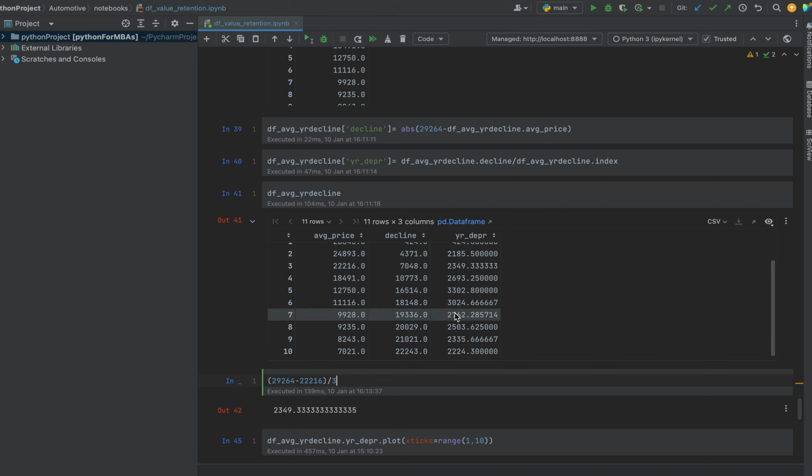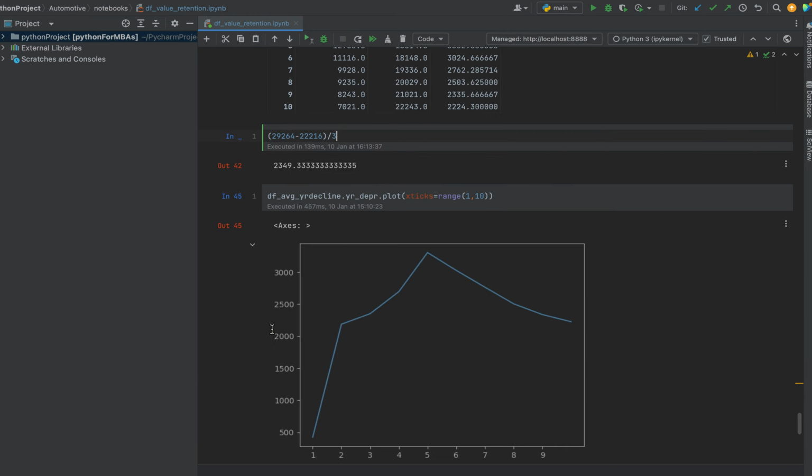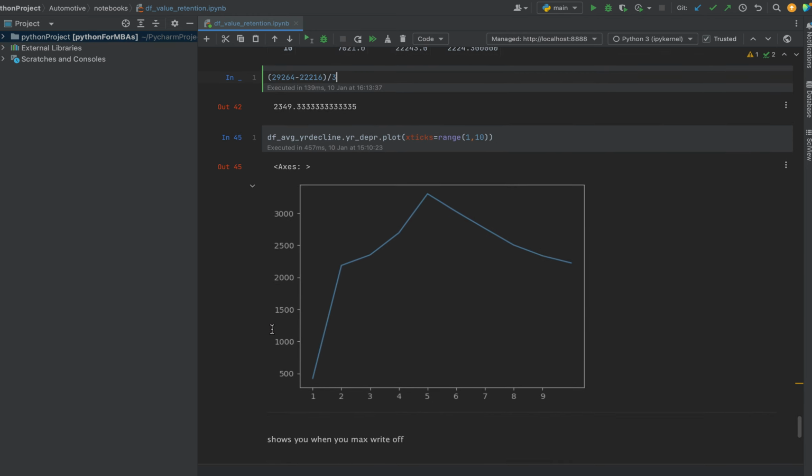So basically, with this column, I'm looking at if you get rid of the vehicle at this point in time, how much will your car have lost in value over the time that you've owned it? And here's a graph for that. If you were to get rid of this at 2, you would have this much per year, 3, 4. The peak of it is at 5.